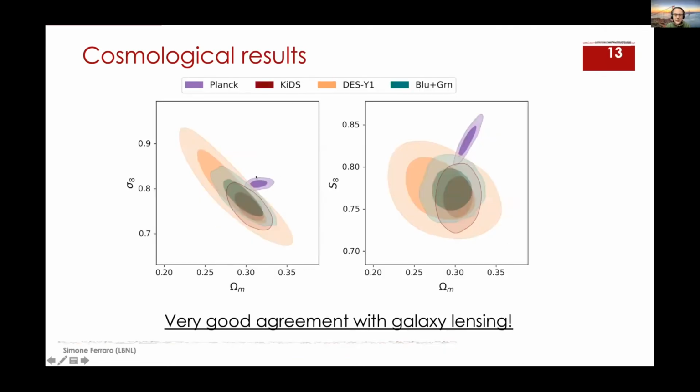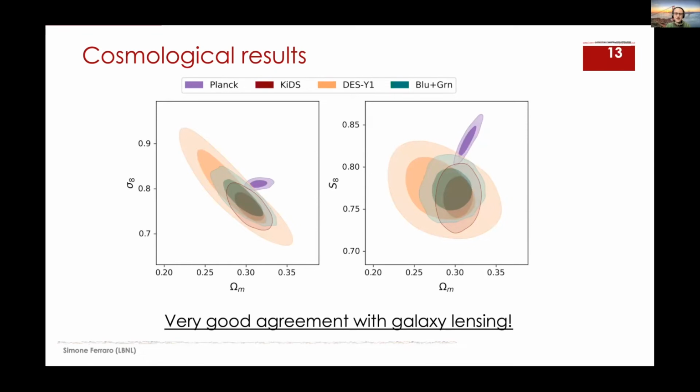I have Planck in purple at the top right, and then the Dark Energy Survey Year 1. Remember that Year 3 was not out yet at the time, so that's why we show Year 1. Then in green, we show our combined results, and KiDS is here, and you see they really lie on top of each other, so it's fully consistent.